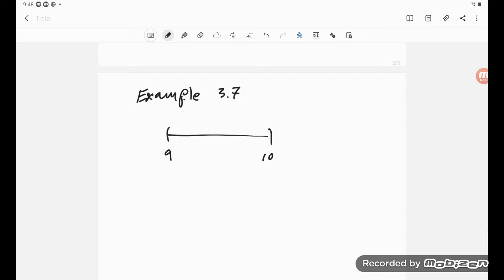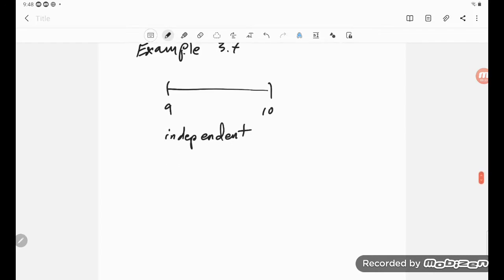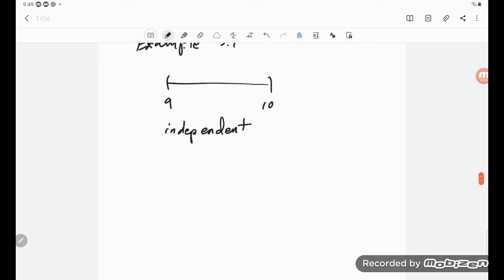If all times of arrival within the hour are equally likely for each person, and if their times of arrival are independent, make a note of that, and they're not willing to wait more than 10 minutes, we'd like to know the probability that they would meet.